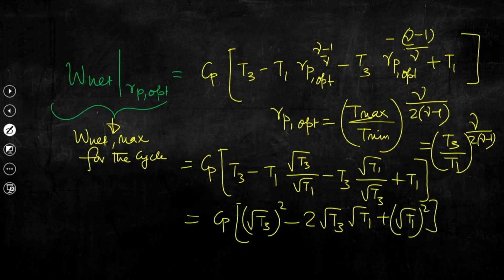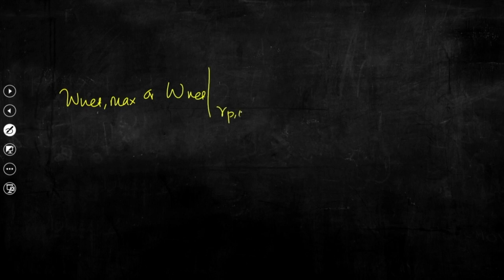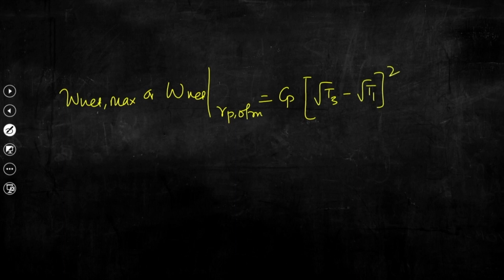So, we can write in the next slide that W net maximum or W net at Rp optimum equal to Cp into root T3 minus root T1 whole square, that equal to, in a more generalized form, root T max minus root T min whole square.